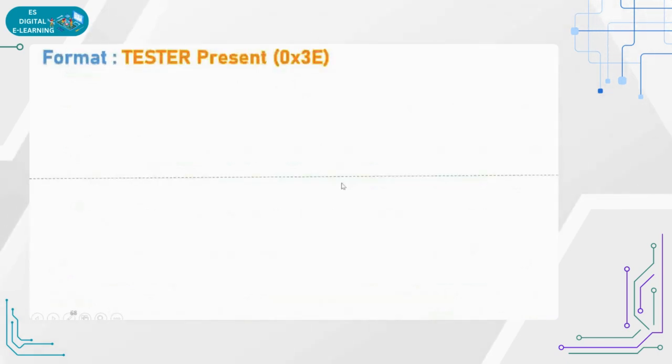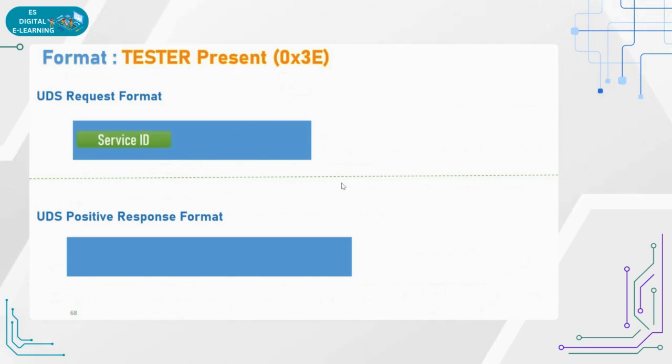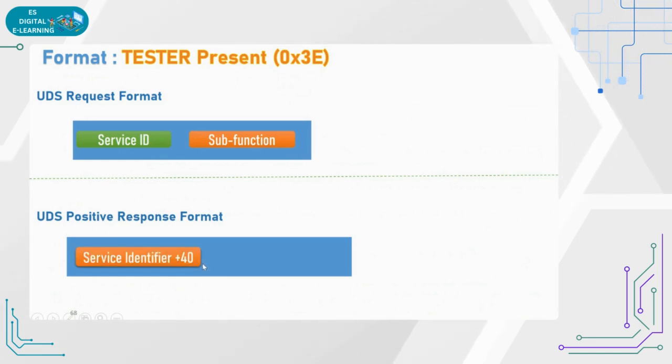Next, what is the frame format for the TesterPresent? The request format will be the 3E service ID and sub function, and the positive response will be the service ID plus 40 and the sub function. This is the format you should follow. You cannot give a DID.